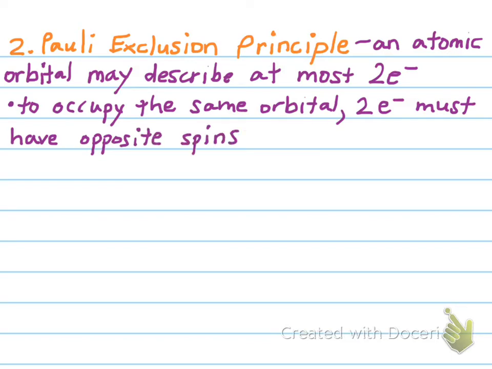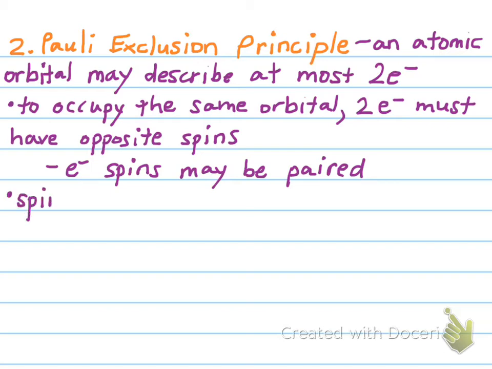Remember, that was that final quantum number we looked at, that ms, and it was a plus 1/2 and a minus 1/2. Now, the electron spins may be paired. So you can have two electrons, and if you do, those spins are going to be paired.